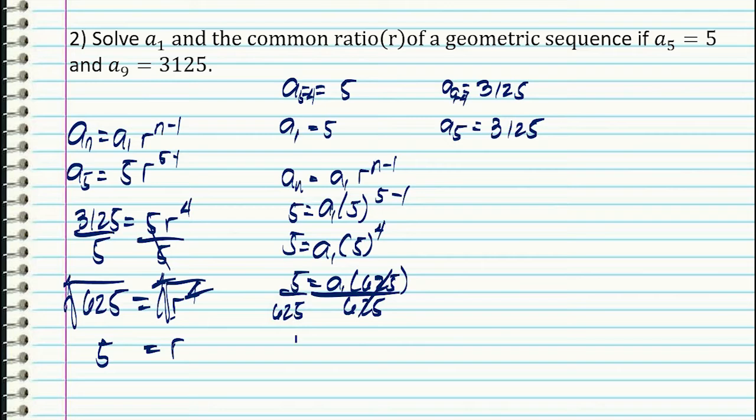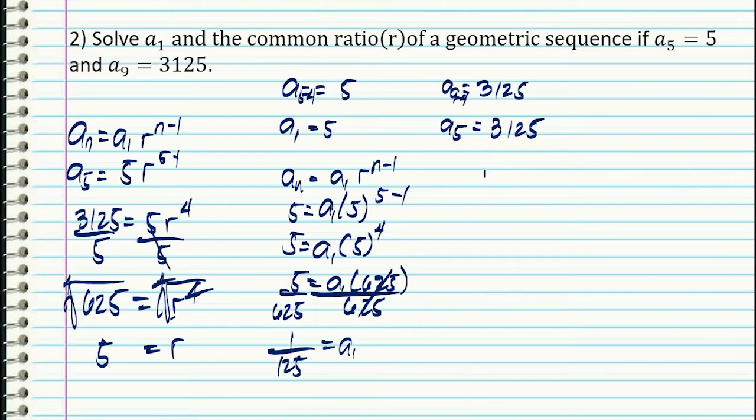Then 5 over 625 is 1 over 125. And that's actually our a sub 1. So that's how we solve a sub 1 using the formula. We just need the common ratio, the last term, and the term position. Then we will be able to solve the a sub 1.